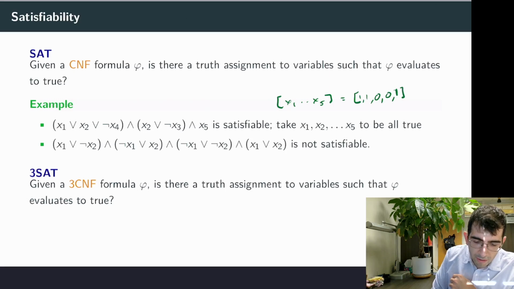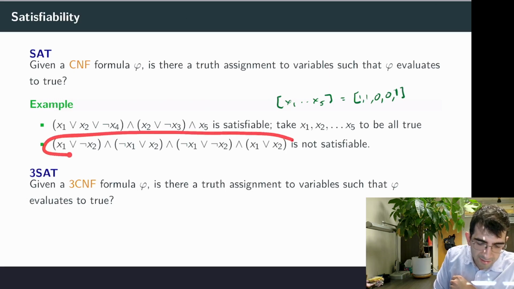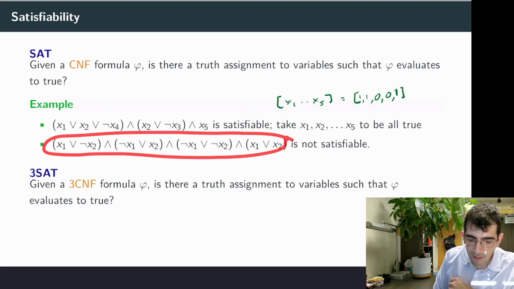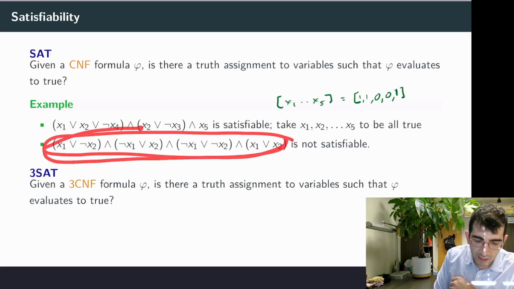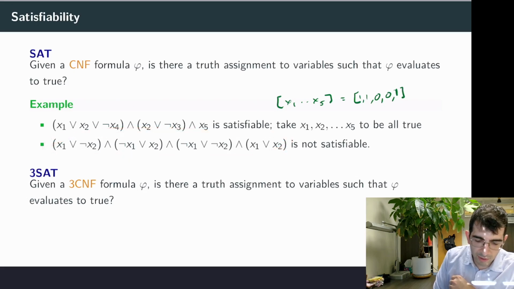But there are formulas that will not be satisfiable, that will not evaluate to true. And a good example of this is simply this. No matter what we assign x1, x2, one of these clauses would not be satisfied.